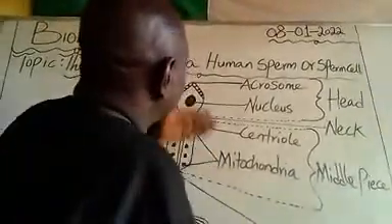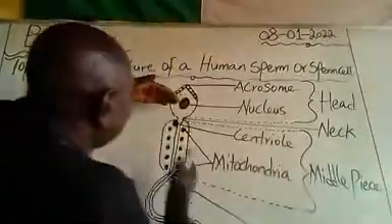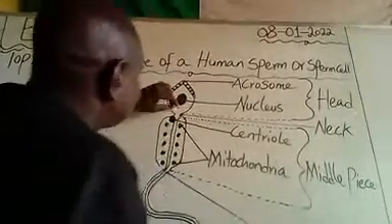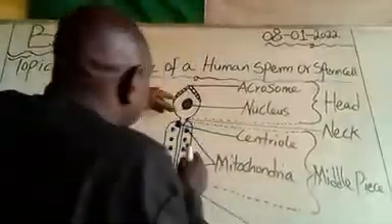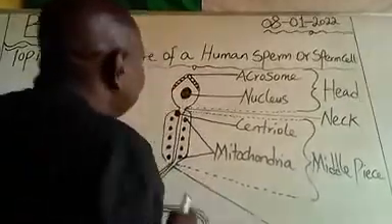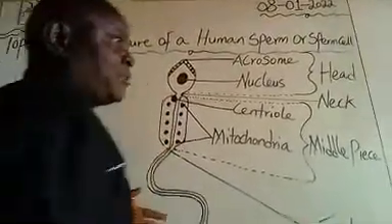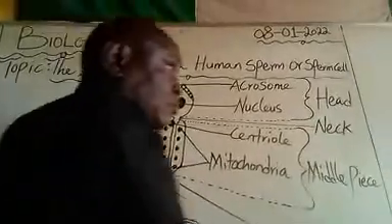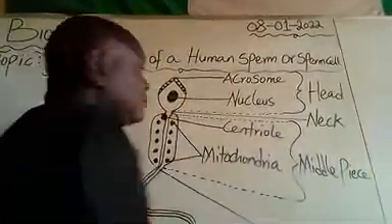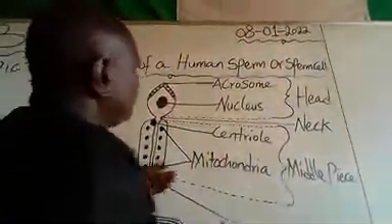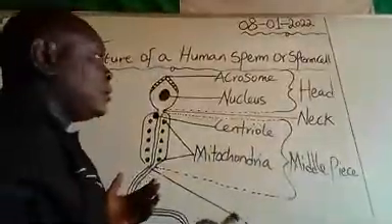Here, look at the neck. Neck serves as a connectivity. It connects the head to the remaining parts of the body of the sperm. As you can see, the head has acrosome and nucleus.